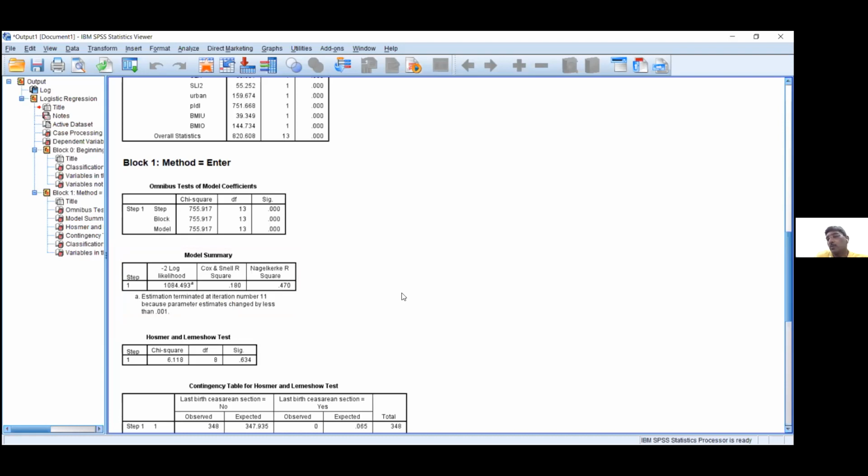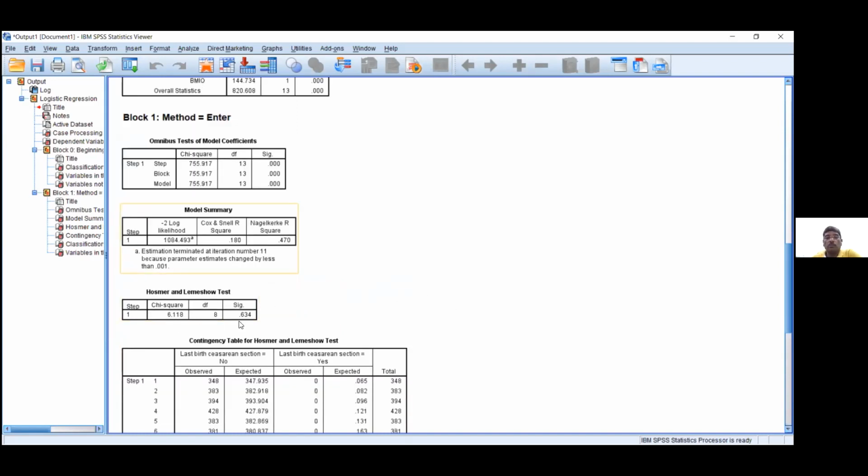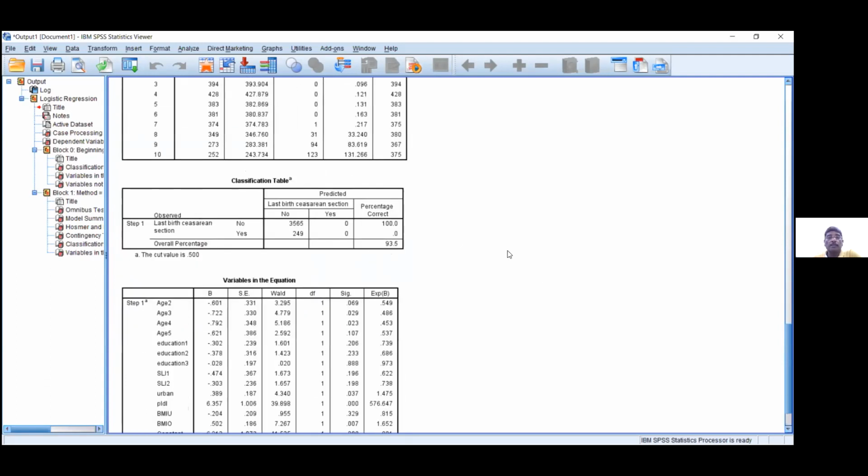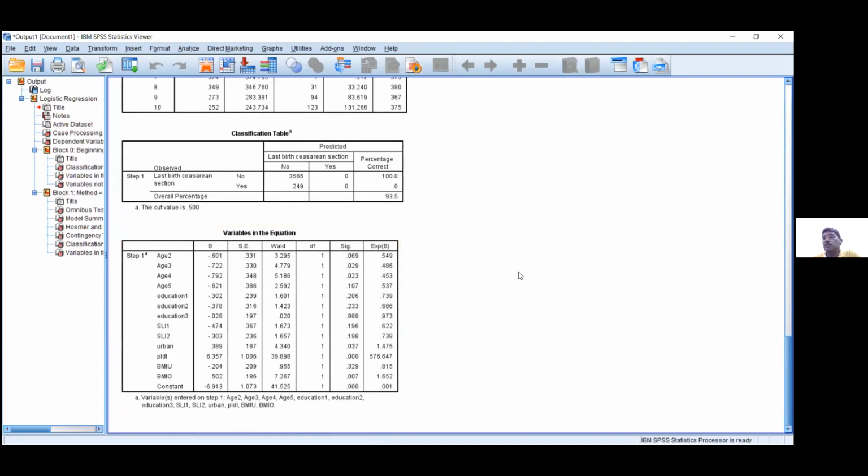This is the drawback of minus 2 log likelihood. Cox and Snell R square tells whether our model is good or not. These are three criteria for checking whether your model is good. Hosmer-Lemeshow will tell whether your model is significant or not. I think it is significant, it is good, so this table is also not required. The last table is very much required for you, and it provides everything. It gives Exp(B), but the confidence interval is not given.